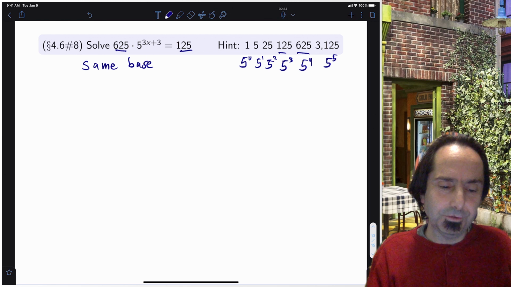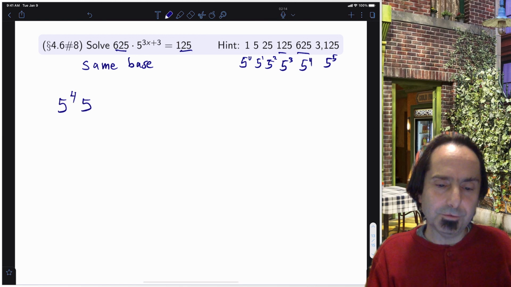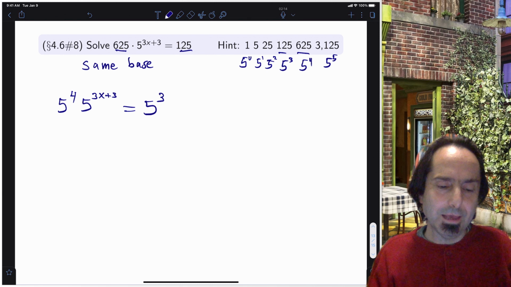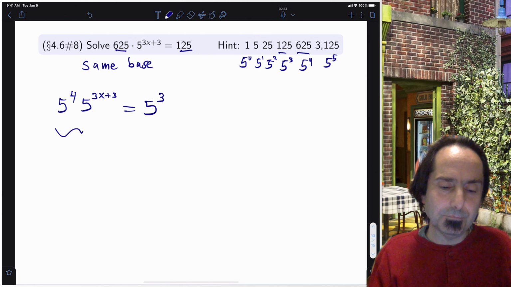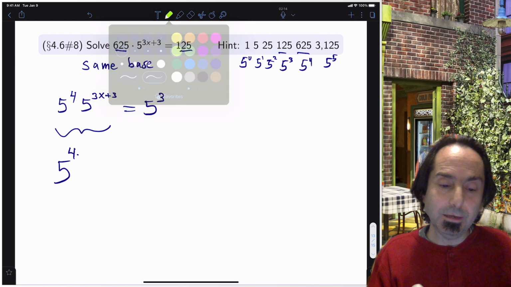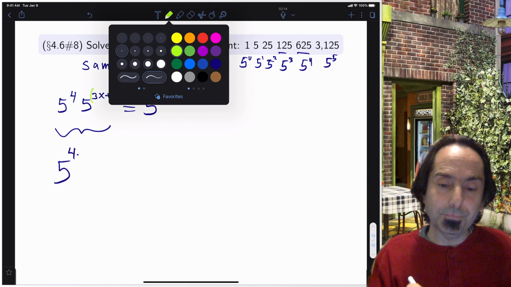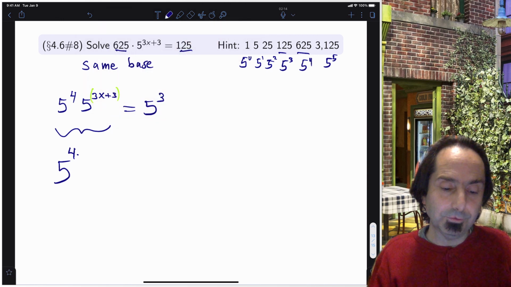So what we have, this is 5 to the 4th power times 5 to the 3x plus 3 equals 5 cubed. And I can combine these with the product rule for exponents. This is going to be 4 times, I really need parentheses here. I have to remember that I have parentheses.